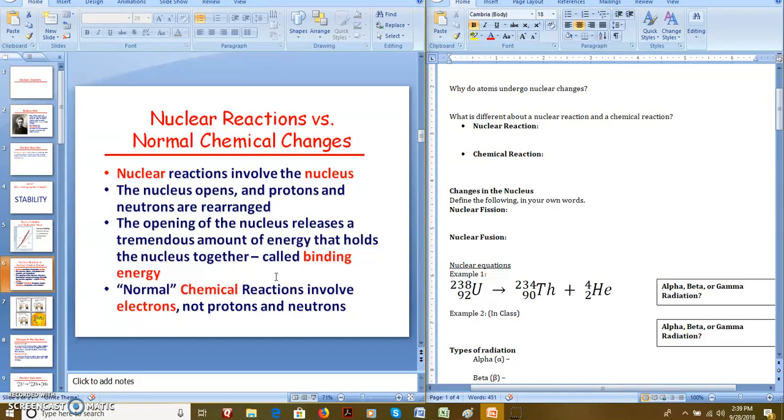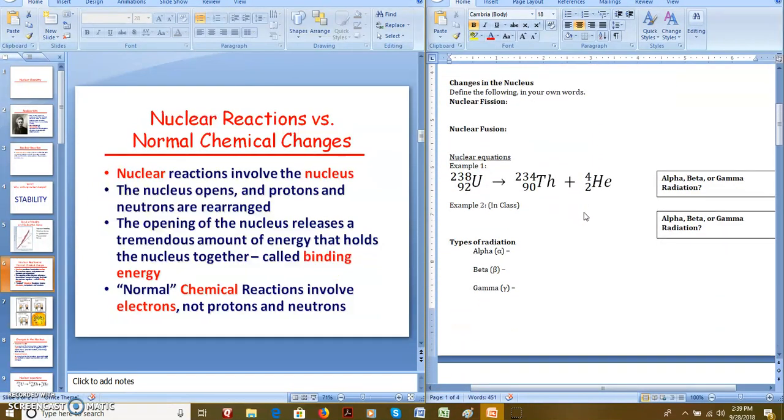But a nuclear explosion, that's the stuff you learned about in World War II in Japan, where it leveled the place and left devastation over that entire area. So nuclear reactions are much stronger than chemical reactions. And the reason why is we're dealing with the nucleus and that binding energy that's inside.